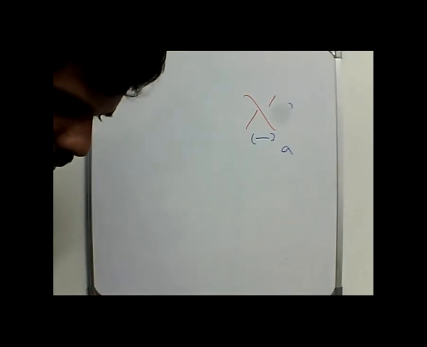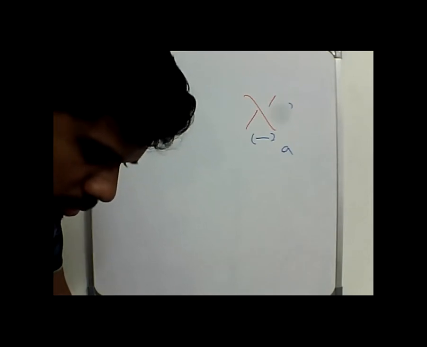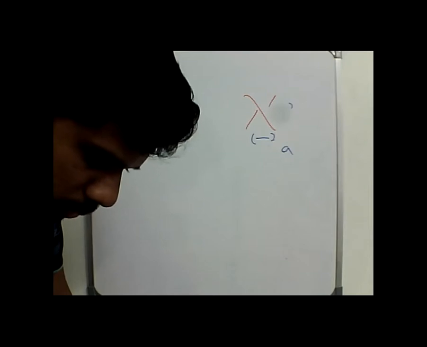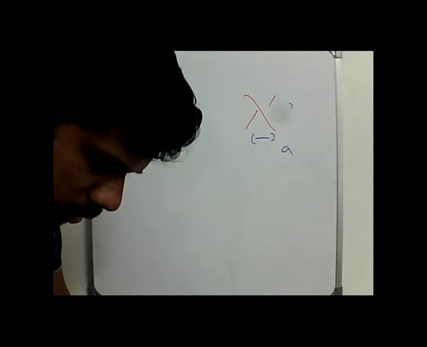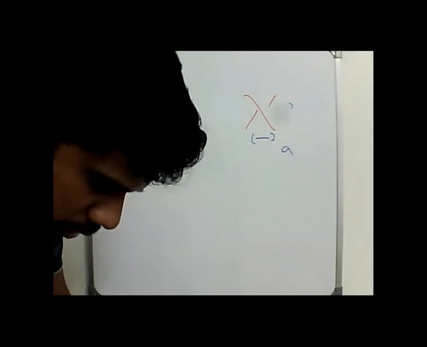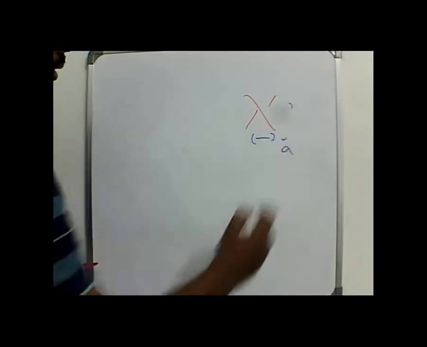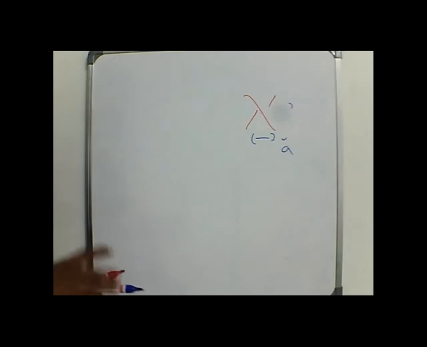There are two ways to represent it, but we will follow what I have discussed in the class. So this is the symbol. I will give you all the symbols, how to write it.